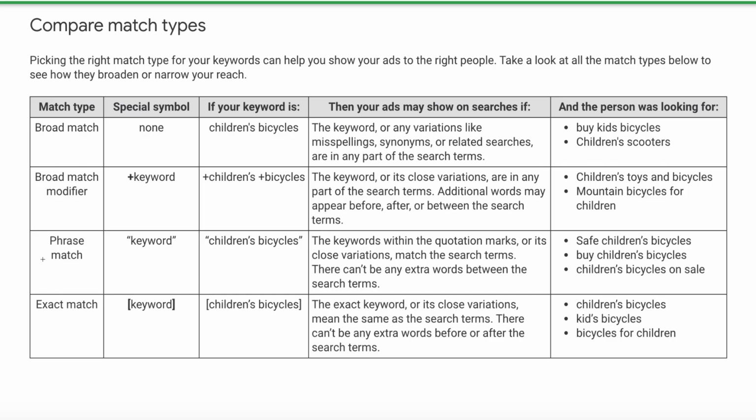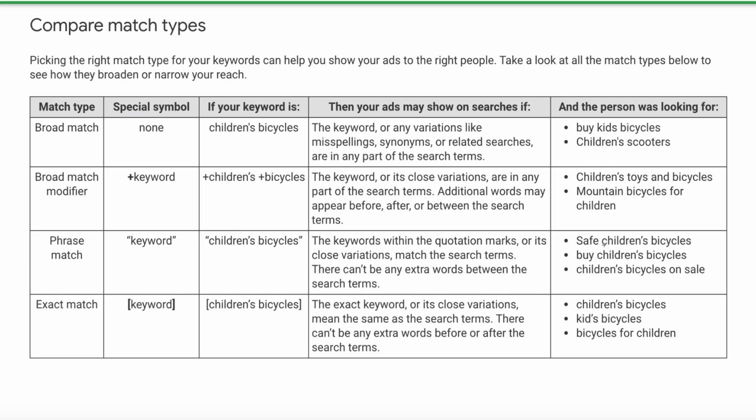Then we have more strict variations. We've got phrase match, which is when you put quotation marks around the keyword, and the keyword within the quotation marks or its close variations match the search terms. There can't be any extra words in between the keyword.